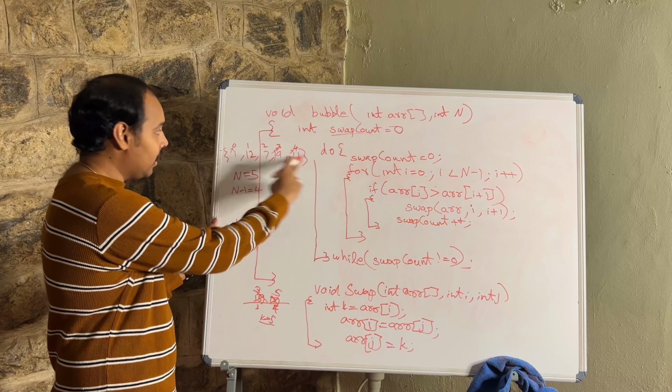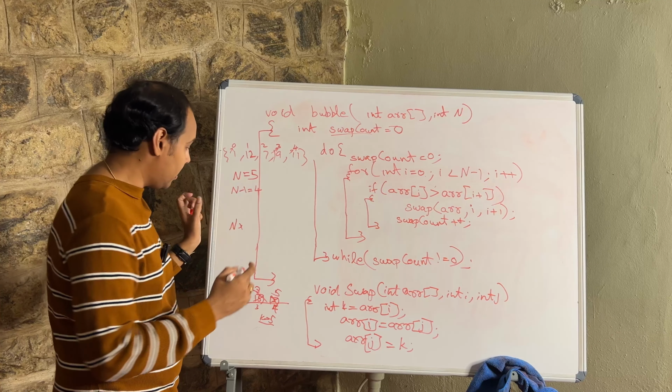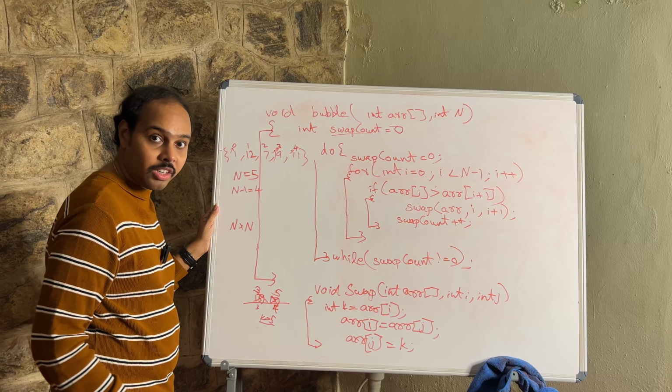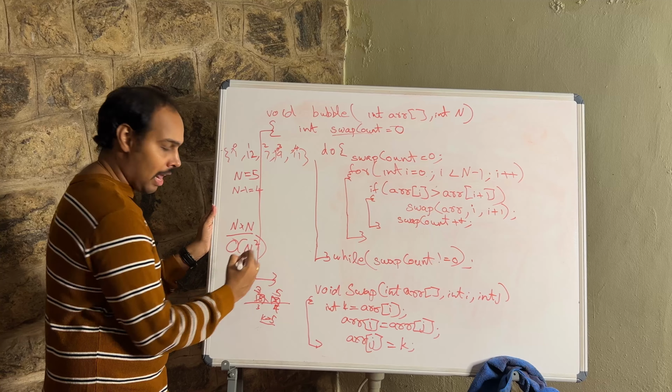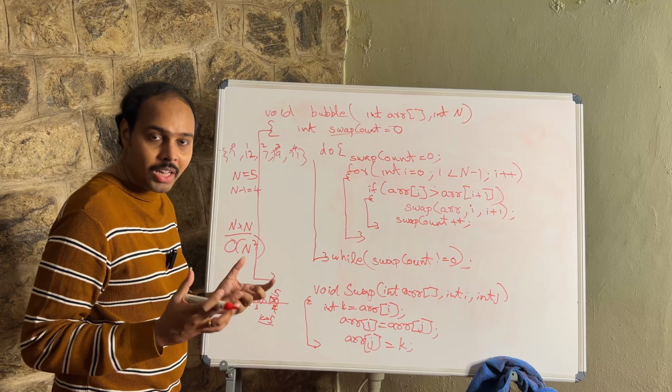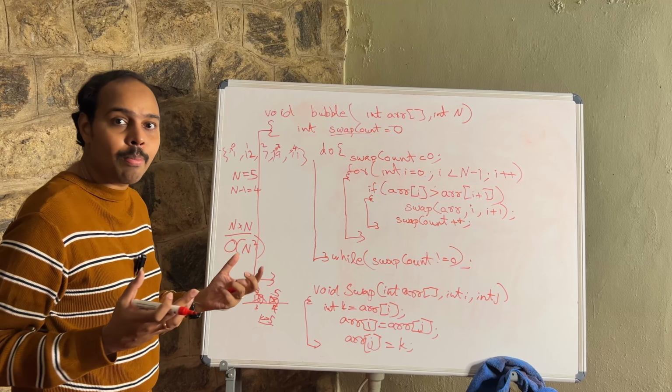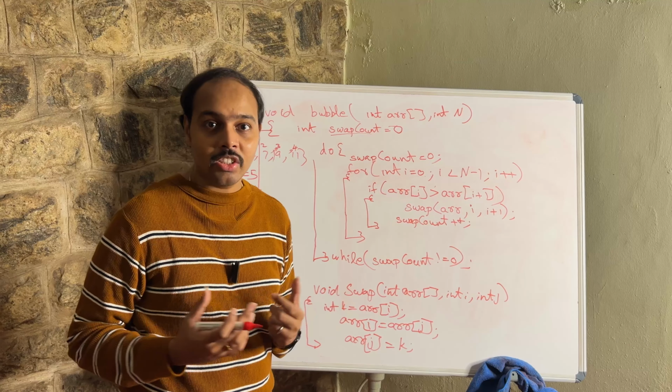If the array is completely in descending order, that will take n iterations. So this is an O of n square algorithm. This is very time consuming, and your computer will struggle like a child.